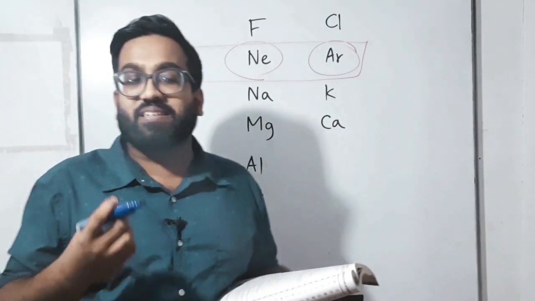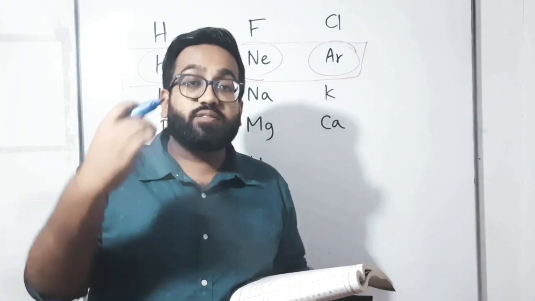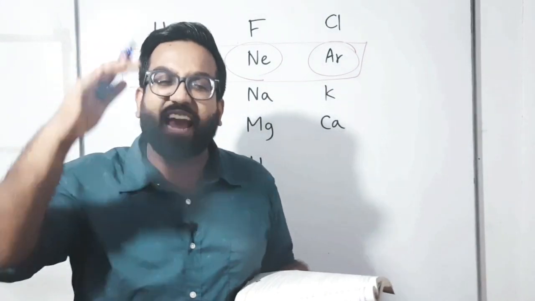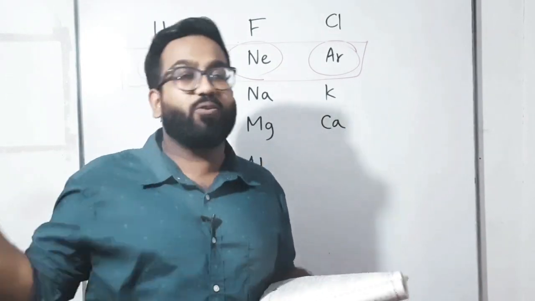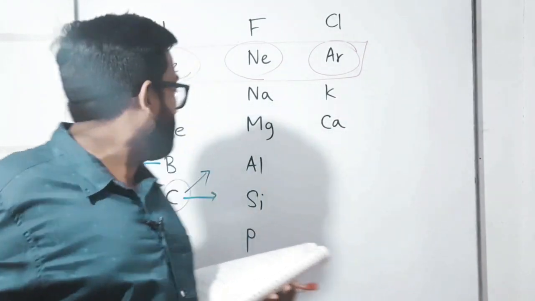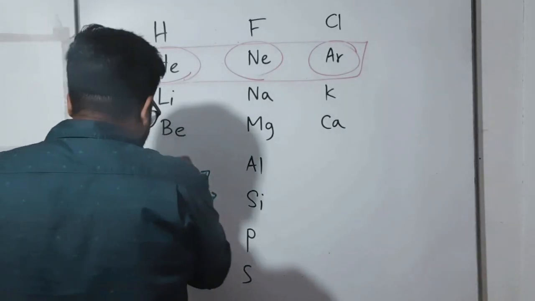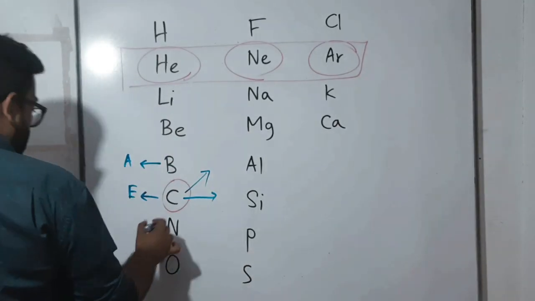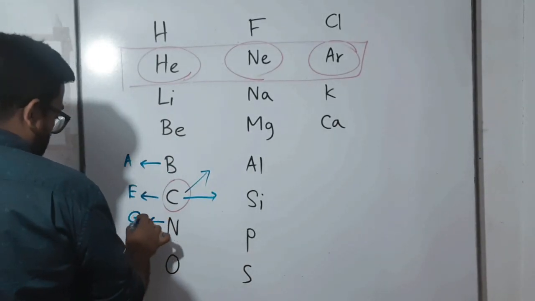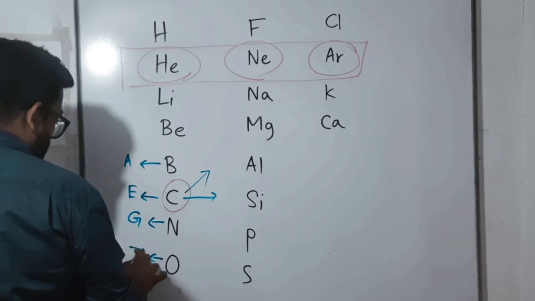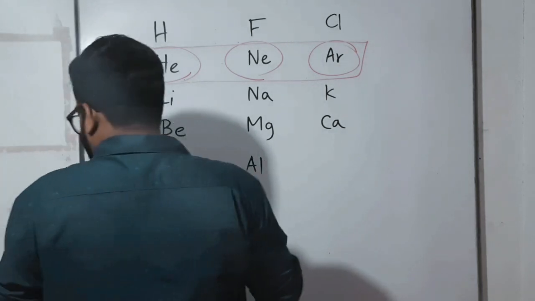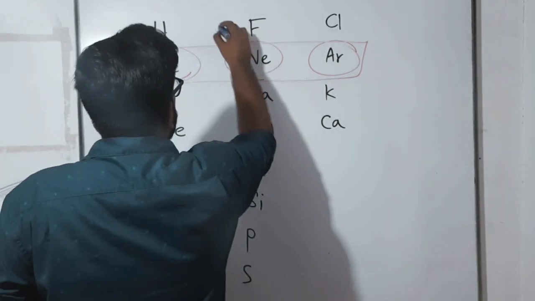That's the easiness. If you are given the word consecutive, please be happy, please be glad, enjoy. Why? Easy to find. If you can find one example, all the others can be found. Understand? So A is boron here, E is carbon, then G is nitrogen, J is oxygen, and L is fluorine.